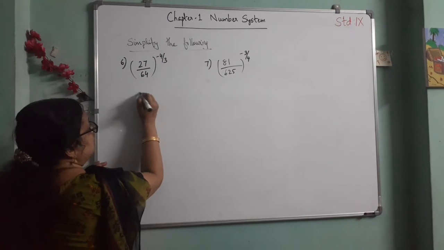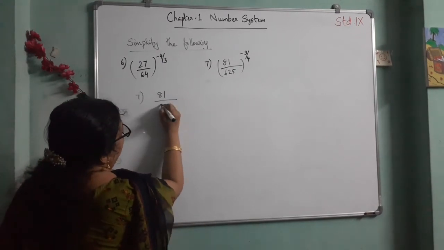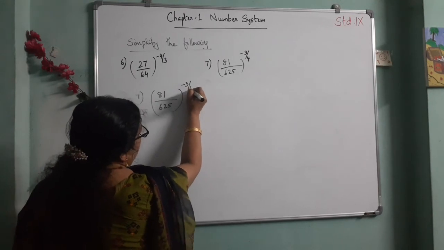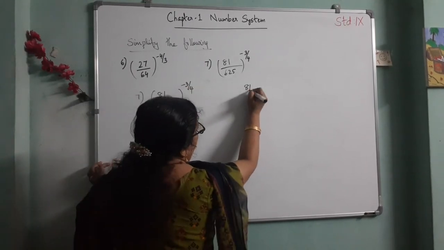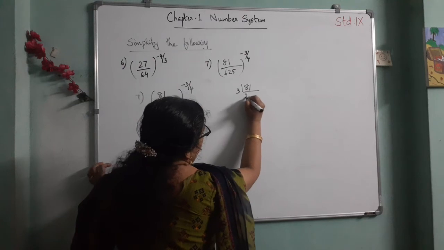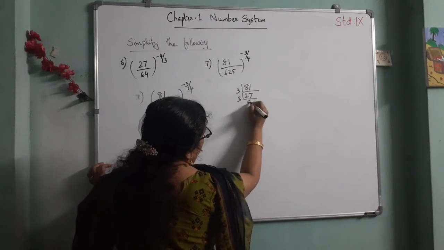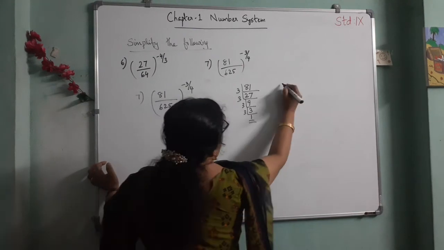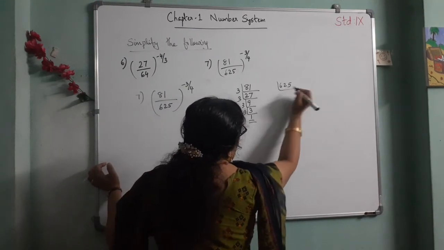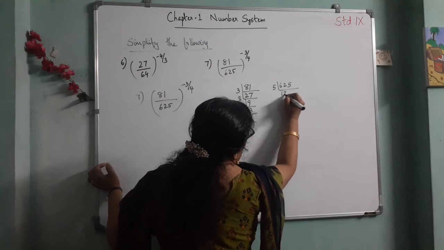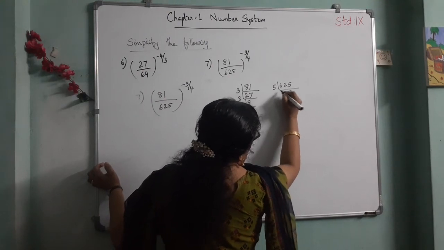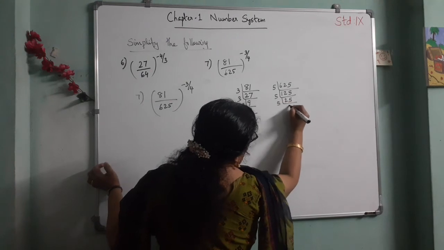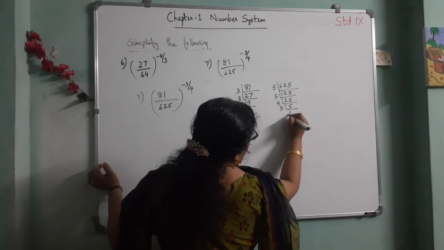Then seventh question, (81/625) the whole raised to minus 3 by 4. So 81 we can factorize: 3, 27 and 3, 9, 3, 3, 3, 1. Then 625: 5, 125, 25, then 5, 25, 5, 5, 5, 1.